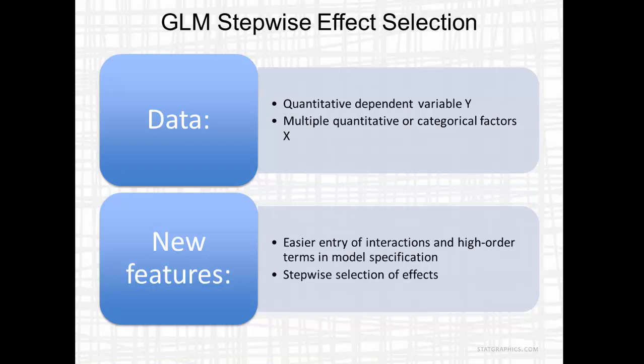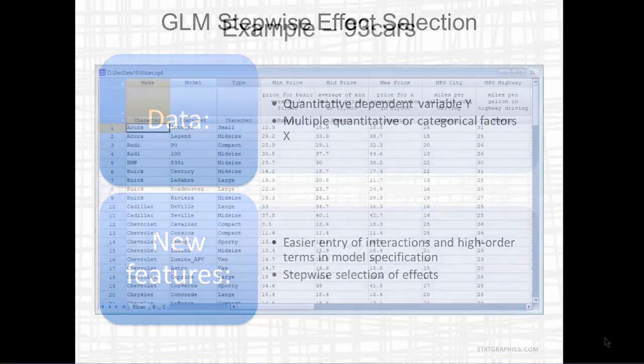We'll talk about two new features in version 19. The first is easier entry of interactions and higher order terms when you're specifying the model. The second new feature is a stepwise selection of effects.